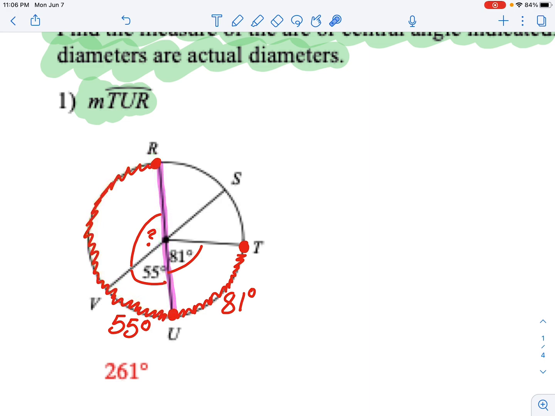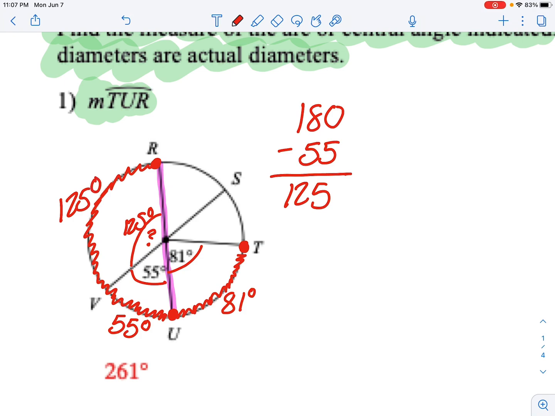So that means this plus this is 180, or from here to there is 180. So if we do 180 minus 55, we'll get the missing angle. 180 minus 55 is 125, right? So that means that this angle here is 125, so this arc here is also 125 degrees.